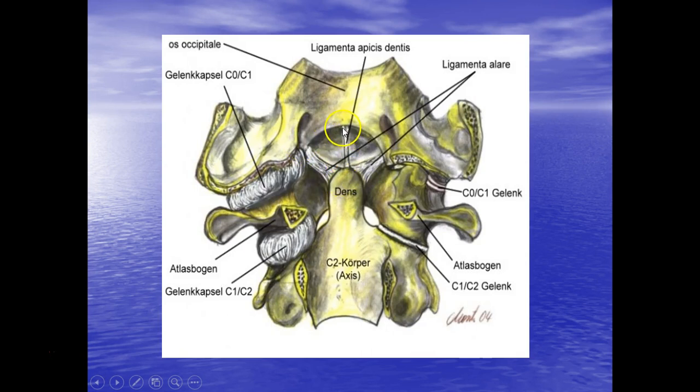And it also illustrates another ligament we're going to look at in a minute, the apical ligament from the tip of the dens up to the inner surface of the anterior foramen magnum.